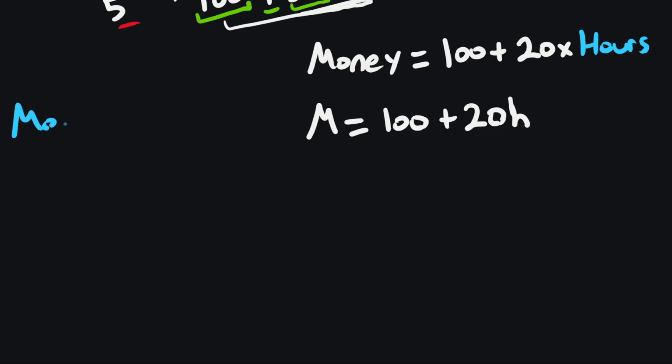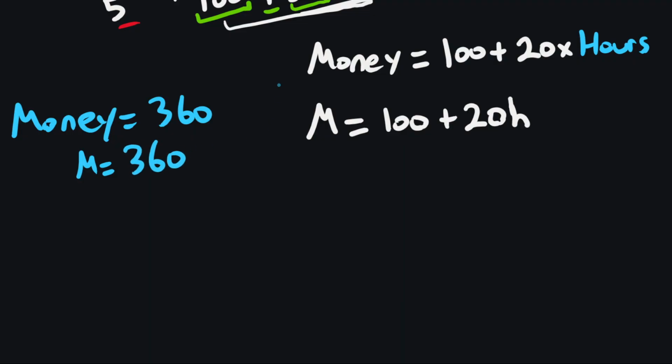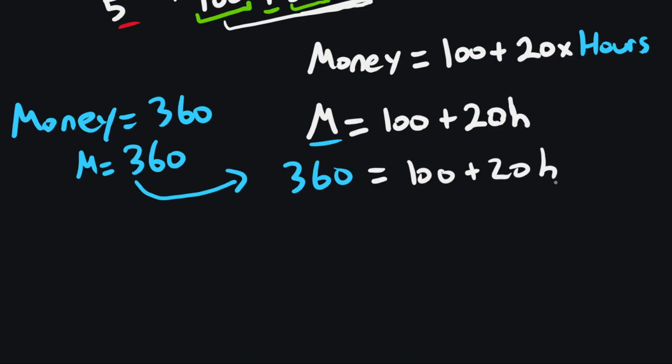So our M, the letter that represents our money, should be $360. So let's substitute $360 for M. $360 equals 100 plus 20H. Good.